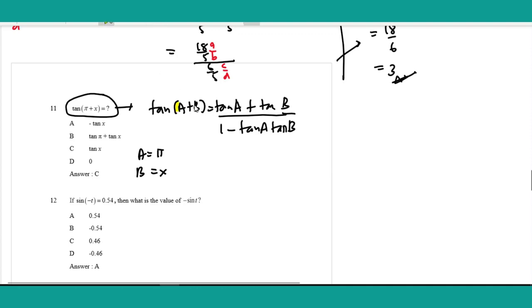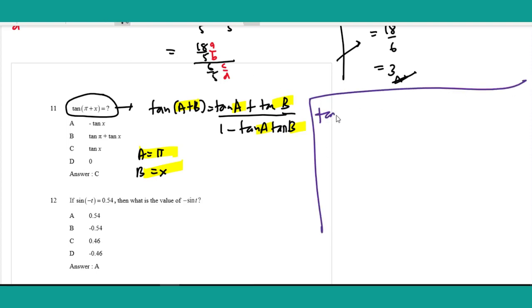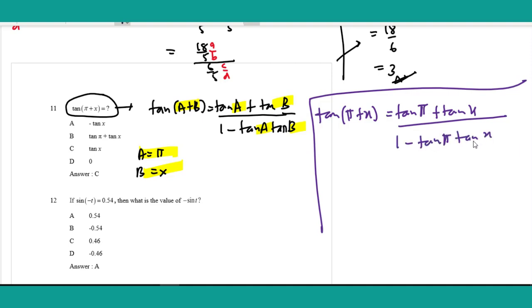Substitute. So tangent of pi plus x is equal to tangent A plus tangent B over 1 minus tangent A times tangent B.